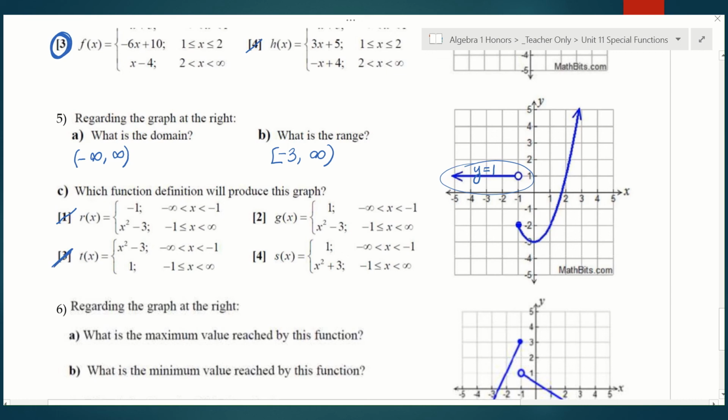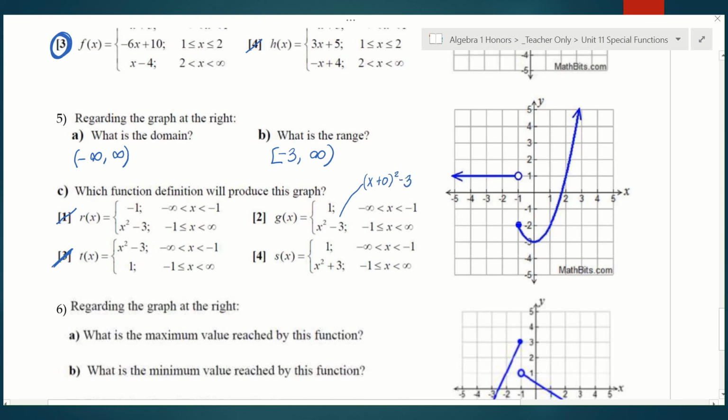Okay, so now we have to look at the parabola. That's going to really be the deciding factor here. So let's talk about what we know. Well, x squared, right? So they're both opening upward, but then one is a -3 and one is a +3. Well, remember, if we were to think about this in vertex form, I'm just going to show you this one real quick. This, in vertex form, would look like that.